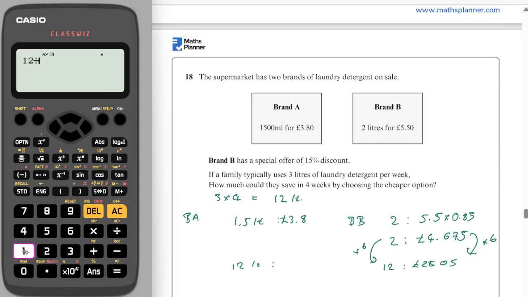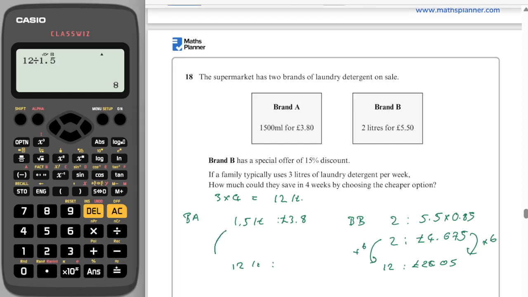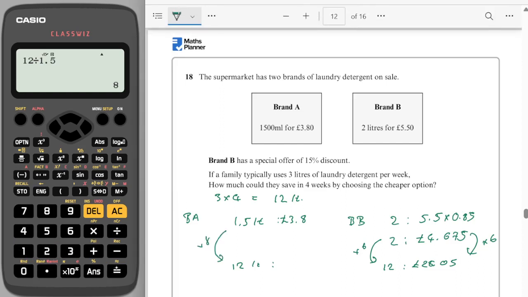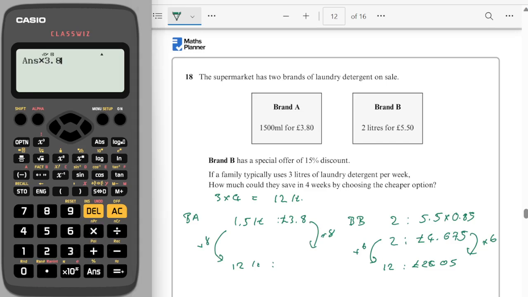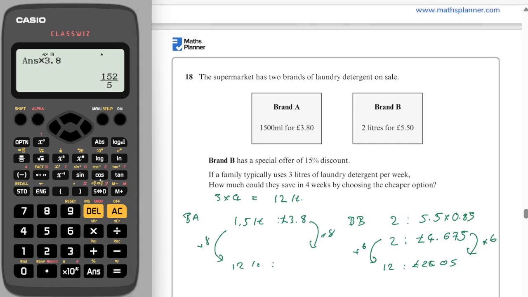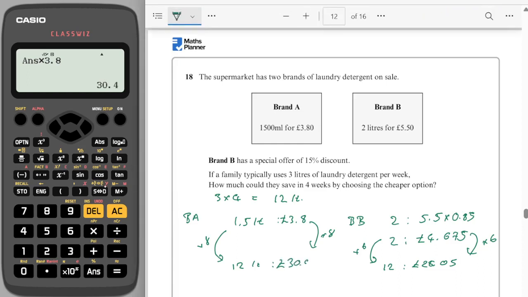Brand A is going to be equal to 12 divided by 1.5, which I think is going to be 8. So times by 8 there. If I times by 8 on the other side, so times by 3.8, that gives me that one costing £30.40.